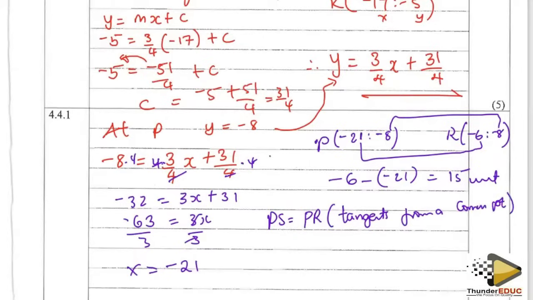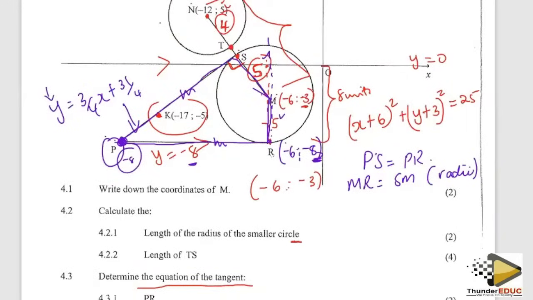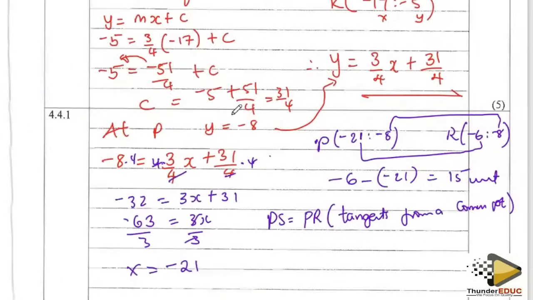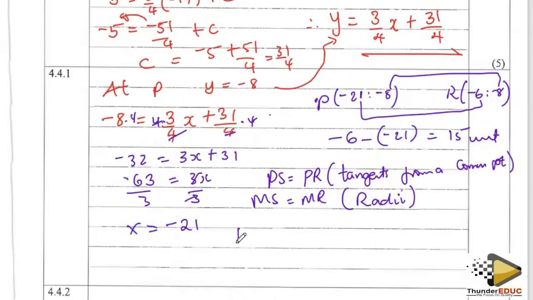Then we said MS and MR. MS is the same as MR, that is radii, okay? So which means our perimeter is going to be 5 plus 5 plus 15 plus another 15. That's 40. I'm getting 40 units.